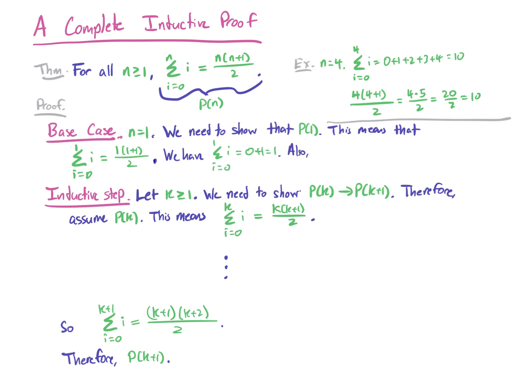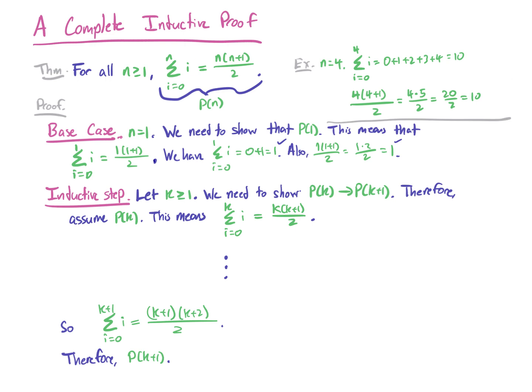Also, if we check, 1 times 1 plus 1 over 2 is equal to 1 times 2 divided by 2, which is 1. And really here I'm done. These two statements agree. I am happy. I have shown that the base case is true. When I plug in n equals 1, this equation is correct.